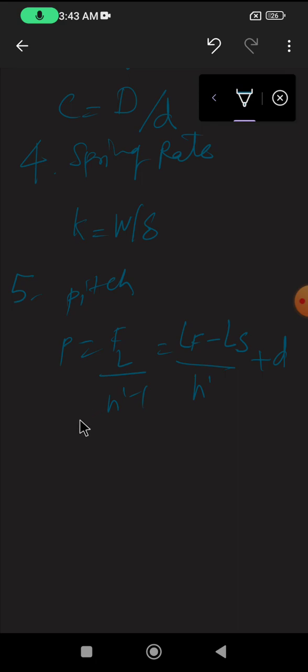Now the ends of the spring, that is, end connections of the compression helical spring. There are various shapes and sizes which are used for ends. For compression springs, the various ends used are plain ends, then ground ends, then squared ends, also squared and ground ends.